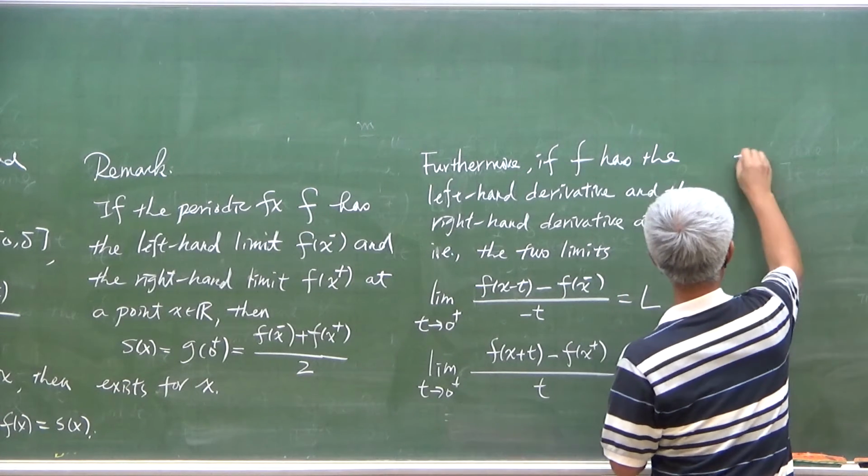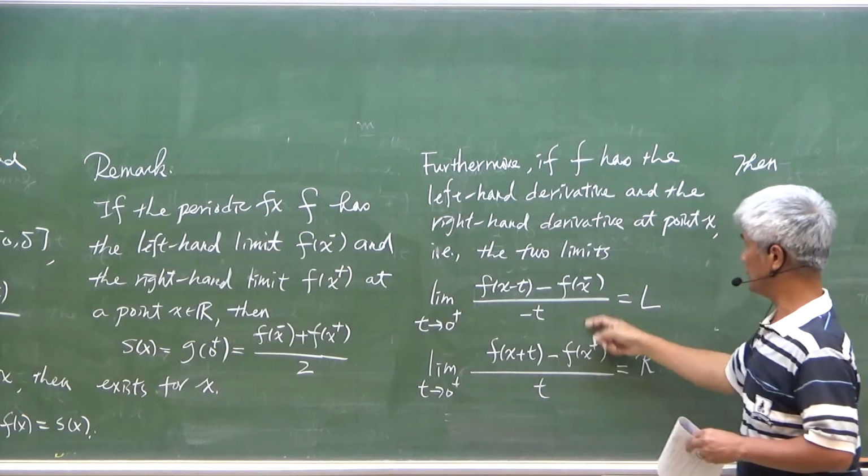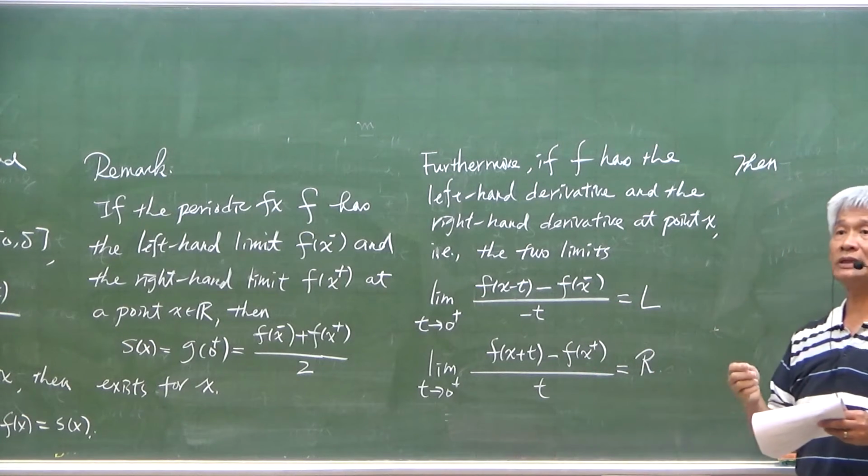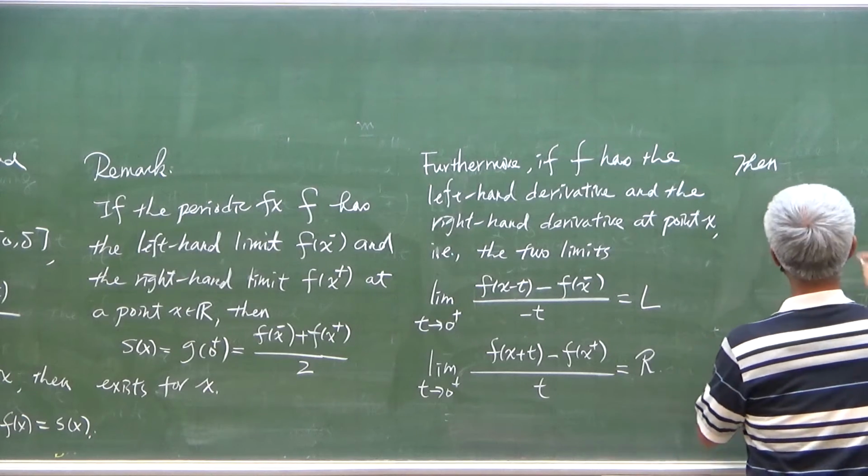Then now we interpret these two limits by using epsilon-delta.